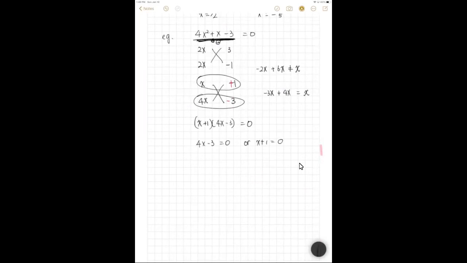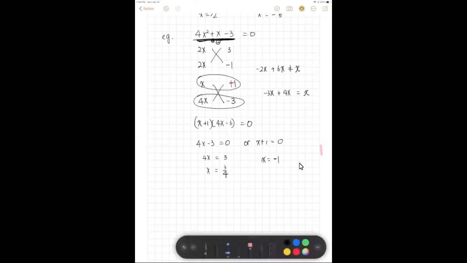So I have 4x equals 3, divided by 4 on both sides, x equals 3/4. And for the other, we have x equals negative 1. So this is our solution.